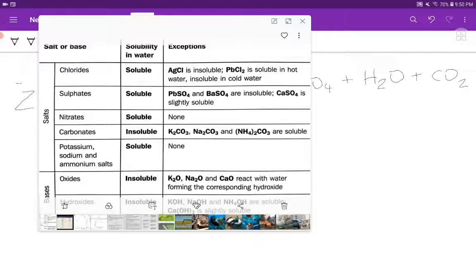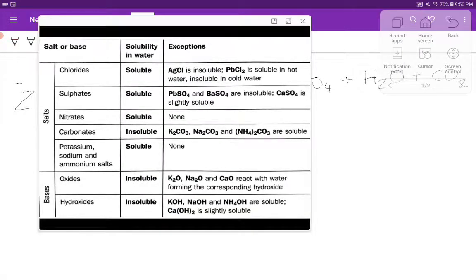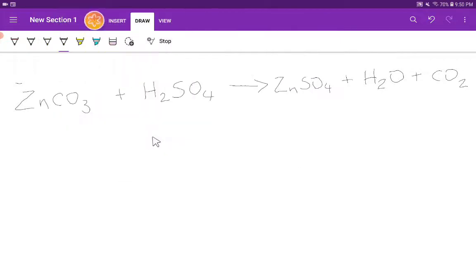All carbonates are insoluble with the exception of potassium, sodium, and ammonium. So all carbonates are insoluble. So that means our zinc carbonate is insoluble, so we'll get the state symbol S. Our sulfuric acid, all acids are aqueous, so that's going to be assigned aqueous.